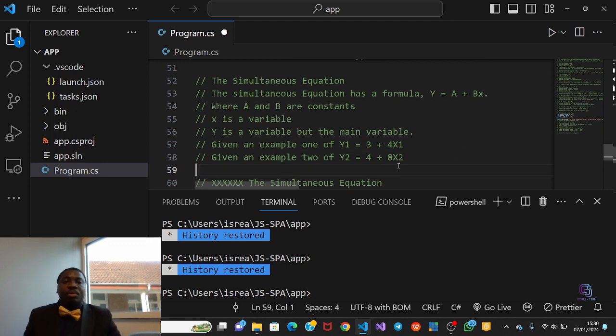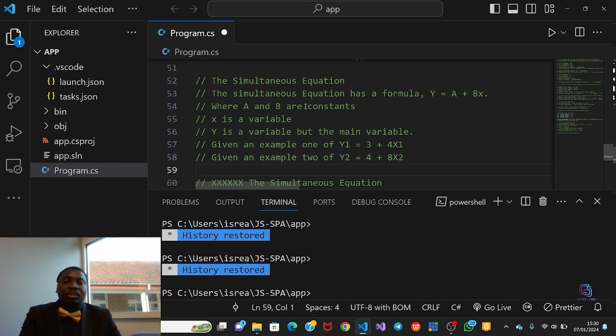With this, we're able to say, okay, give an example of y1 equal to what? 3 plus 4x1, and y2 is 4 plus 8x2. So y1 is a variable, y2 is a variable. 3 is a constant, 4 is a constant. So 4x1 is a variable, 8x2 is a variable.